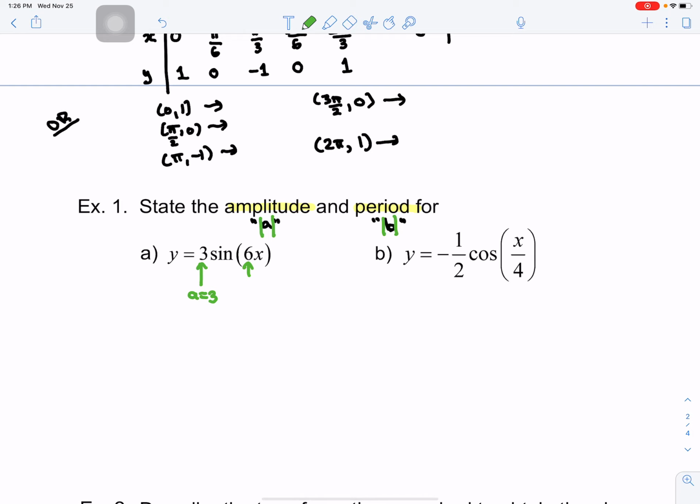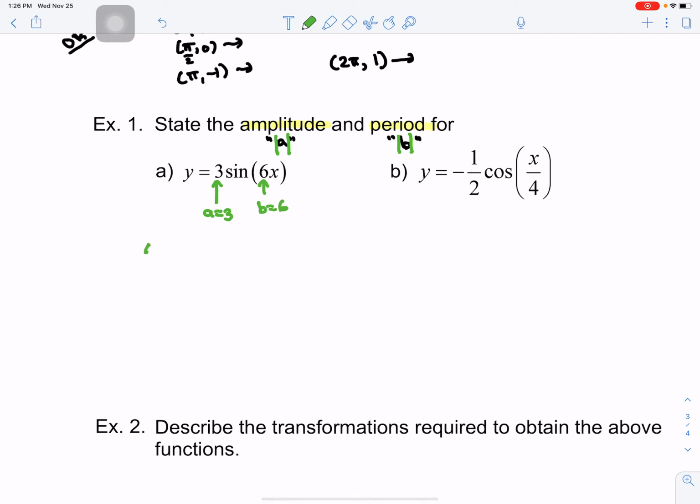This is my B value, B equals 6. So my amplitude would be equal to 3. My period: it normally takes 2 pi to do my cycle, but now it gets divided into 6 parts. So my one period is pi over 3 units long.